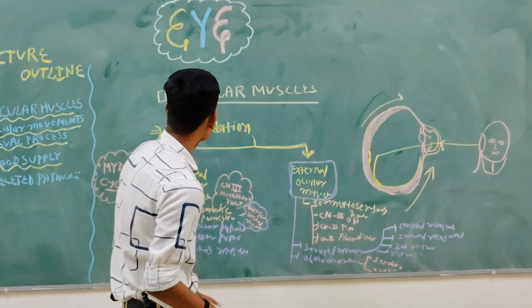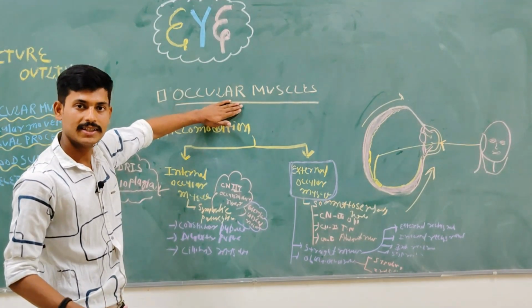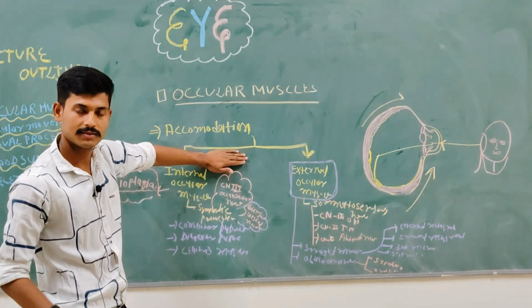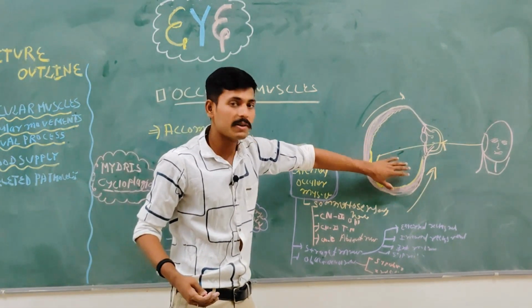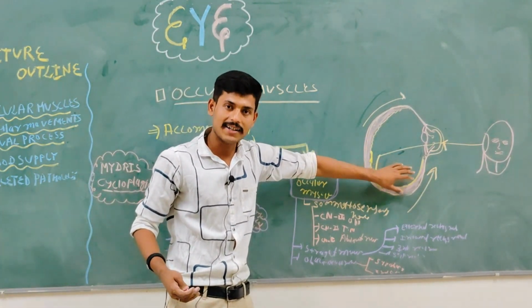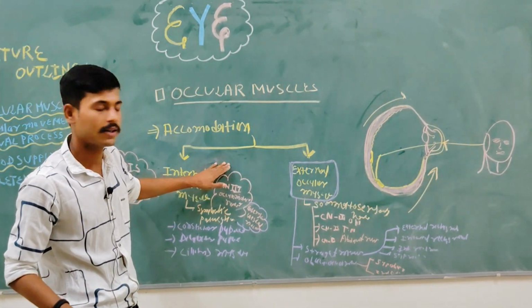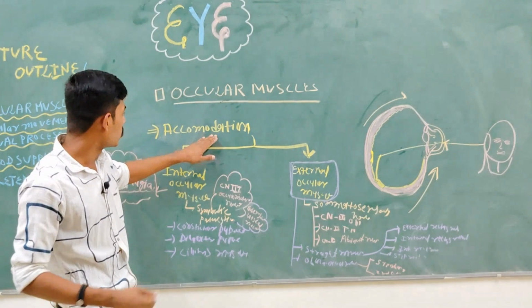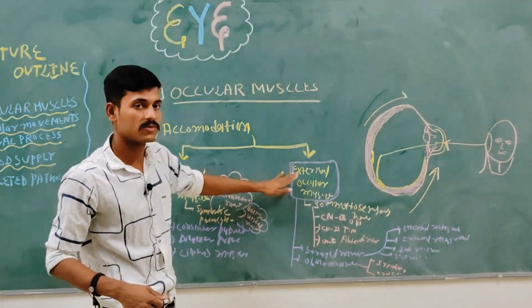Okay, let's summarize it. We are discussing the ocular muscles. We have to adjust for better image formation, the right or actual image formation, and this adjustment phenomenon is called accommodation. Accommodation is accomplished by the help of some ocular muscles.